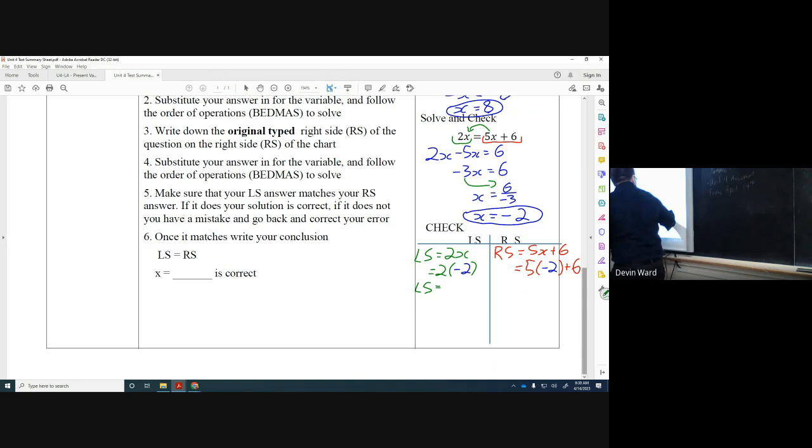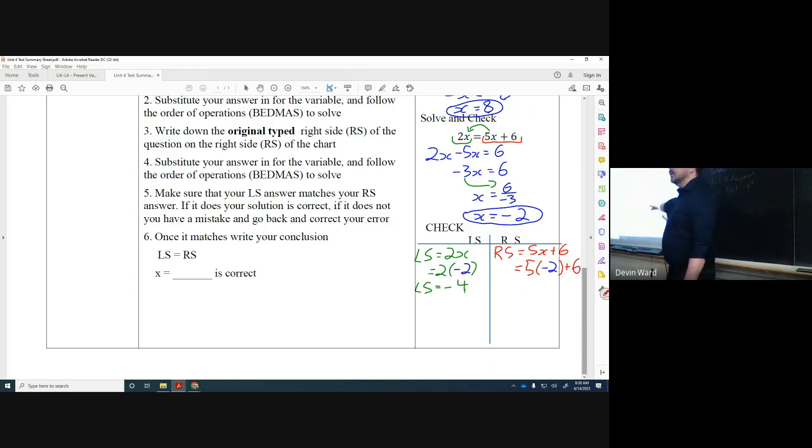The left side is -4. Okay, so when we simplify the right side, it should also equal -4. So 5 times -2, positive times negative is going to be a negative, and then what's 5 times 2? -10, perfect.